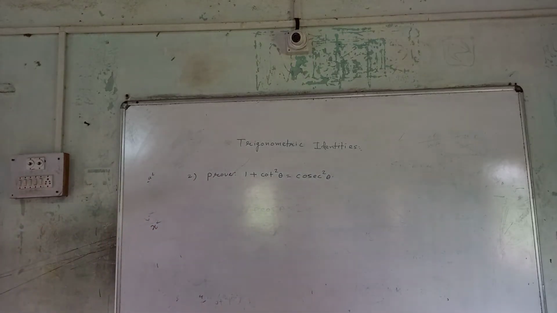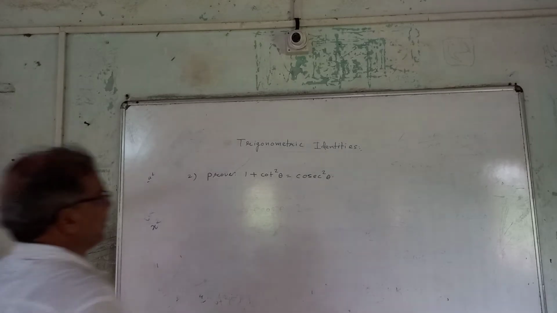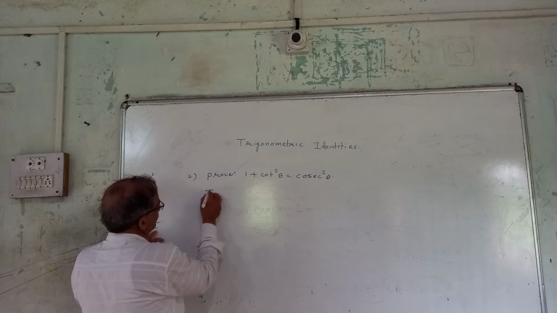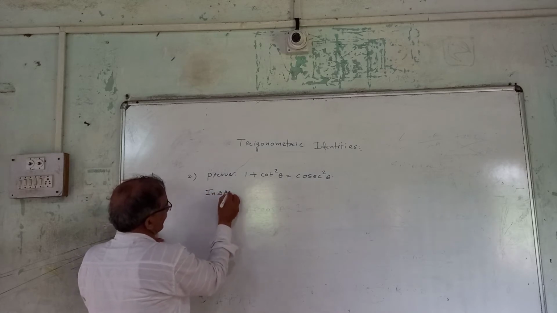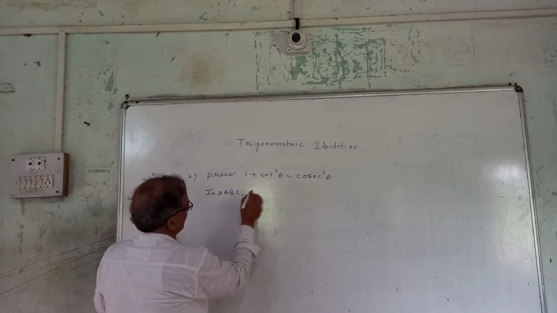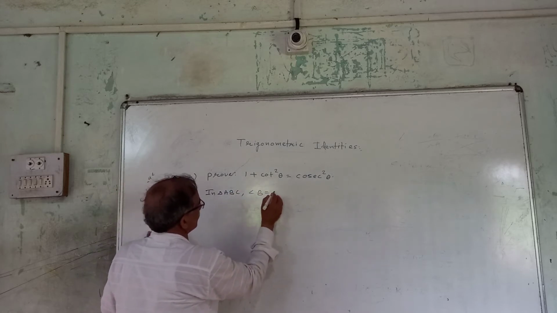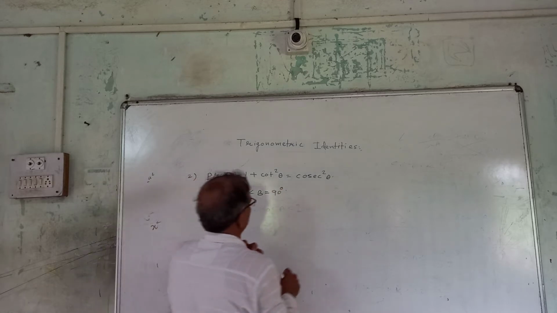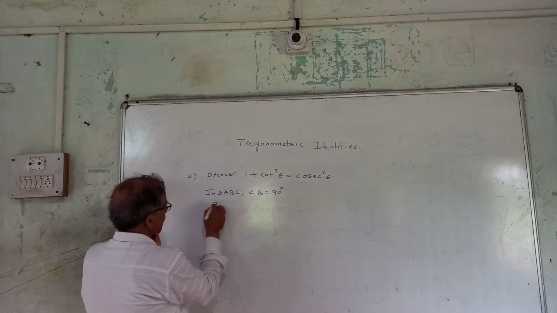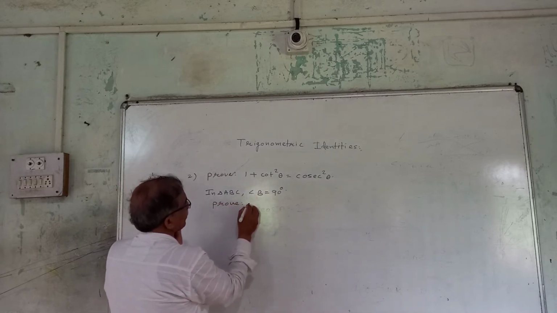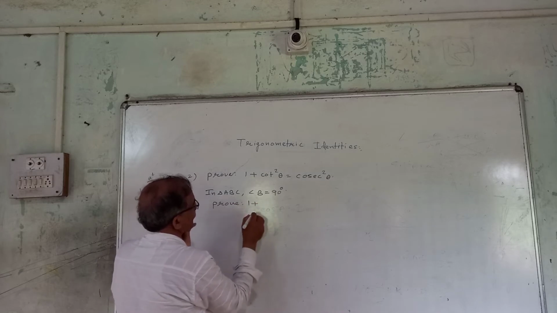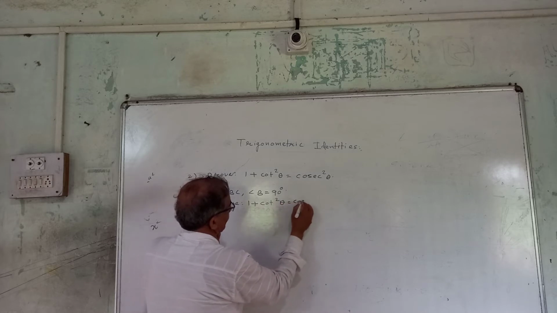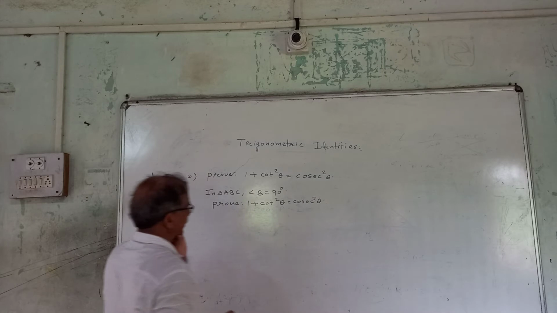Again, you will be given the same thing. What is that? In triangle ABC, angle B is equal to 90 degrees. Prove: 1 plus cot square theta is equal to cosec square theta.